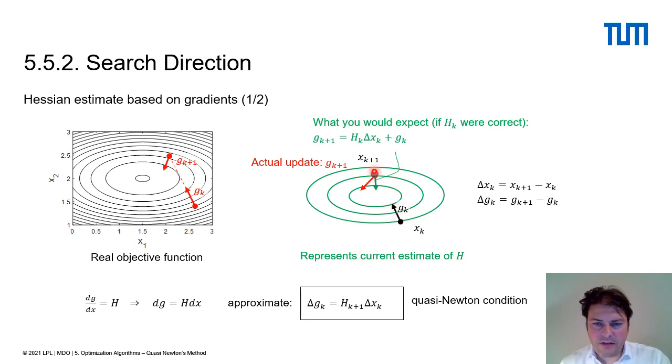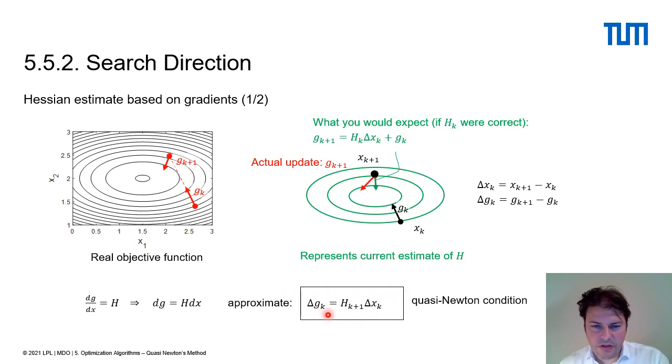Well, but if you make that step and end up with your line search at this position, and you find out that in fact the gradient that you observe there is different, you can use that information to update the estimate of your Hessian. And that update can be done by satisfying this quasi-Newton condition.